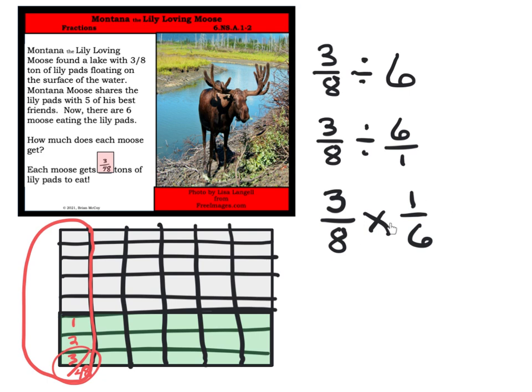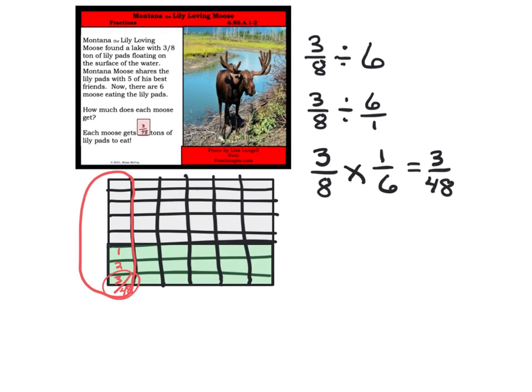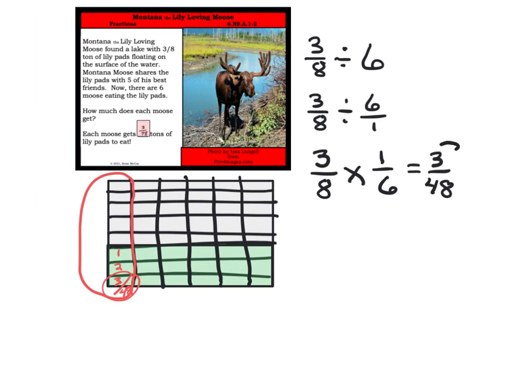Now I can multiply like normal. I multiply my numerators and I multiply my denominators. 3 times 1 is going to give you 3, and 8 times 6 is going to give you 48. And lo and behold, as you can see, our algorithm agrees with our mathematical model. And that is always beautiful, my friends.